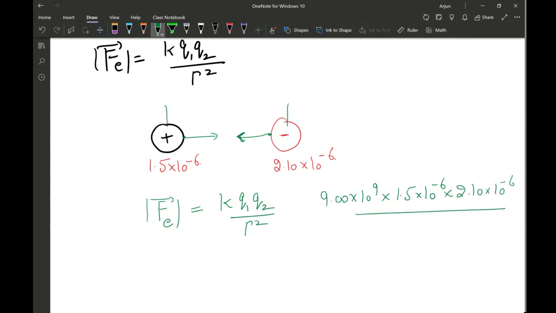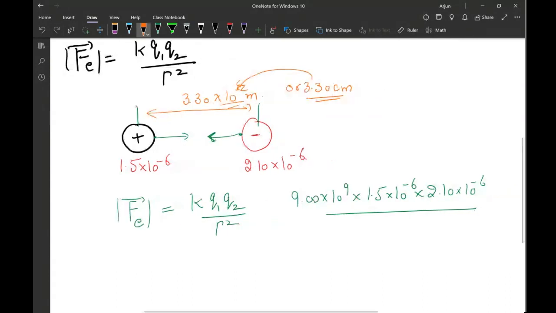I haven't given you the distance, so I'll mark the distance also. Let's say the distance between these two charges is 3.30 times 10 raised to the power negative 2 meters, or we can also call it 3.30 centimeters. Centimeters can be converted into meters to solve the problem.